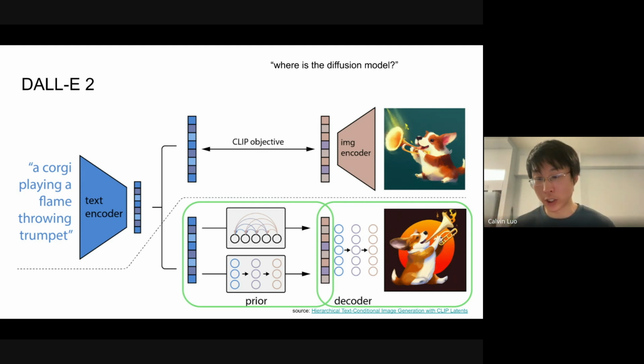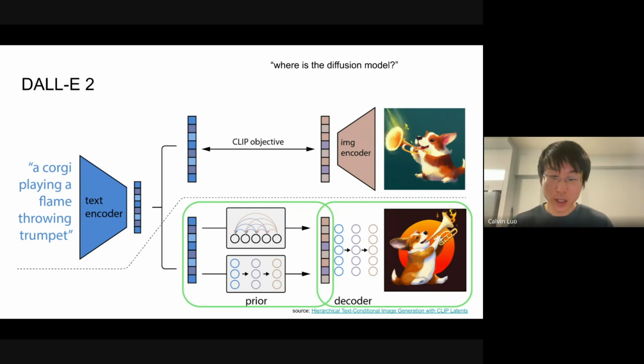And what we want during generation is an image that is aligned with your input text. So what they're trying to do is leverage the learned alignment from this large-scale pre-training of the CLIP model, and saying, if I were to take a CLIP text embedding, I would want to generate an aligned CLIP image embedding, because it would represent an image that would be described by my text. It would respect the text. So that's why they learned that prior model.